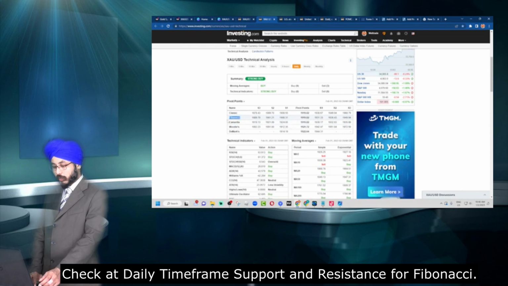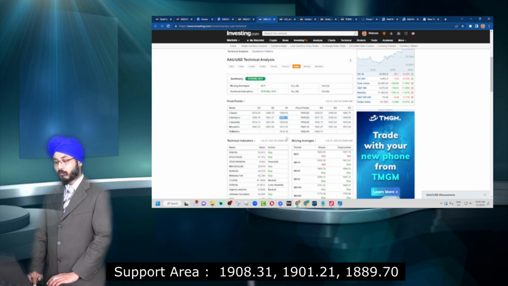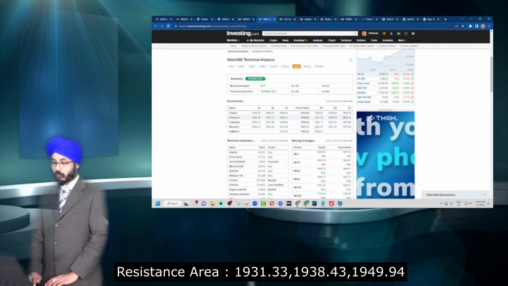Our first support point is 1908.31. Support 2 is 1901.21 and support 3 is 1889.70. For resistance 1, we have 1931.33. For resistance 2, we have 1938.43, and for resistance 3, we have 1949.94.